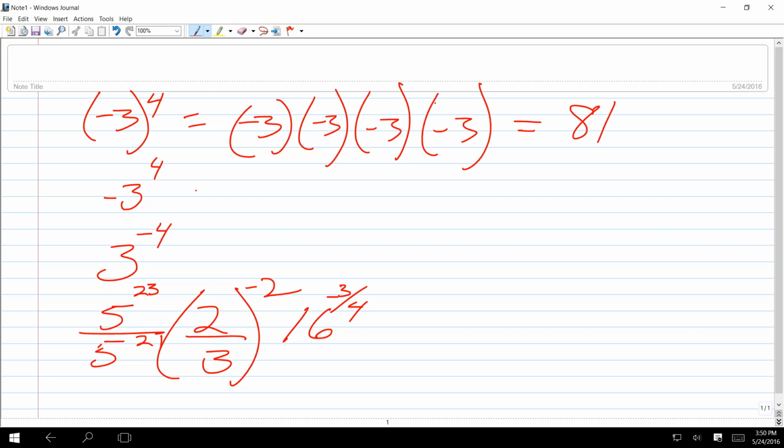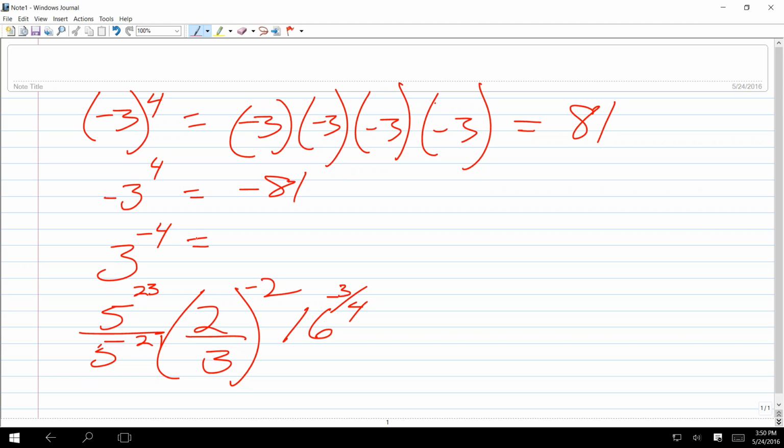In -3 to the 4th, the 4 only applies to the 3, not the -3. So it's -81.